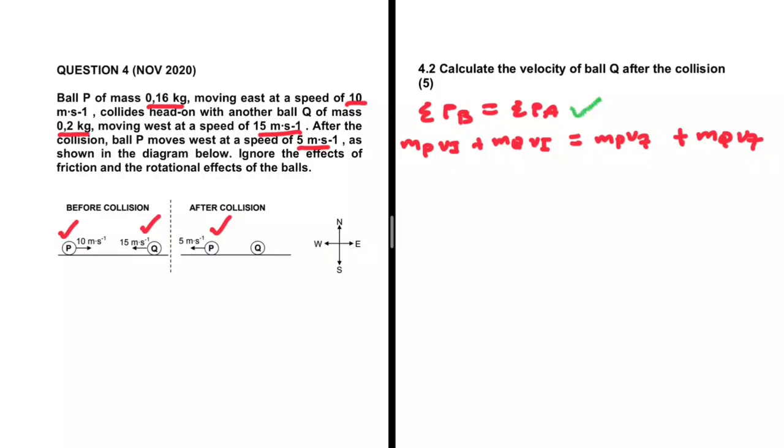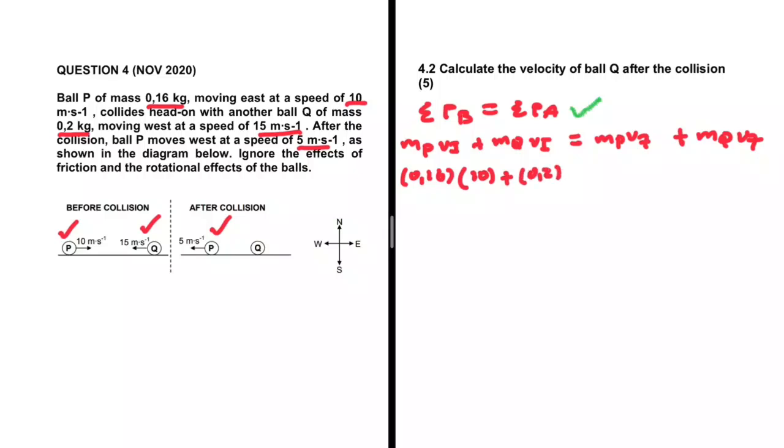So the mass of ball P is said to be 0.16 kilograms. So we're going to have 0.16 kilograms multiplied by the initial velocity, which is 10 meters per second, plus the mass of ball Q. It is 0.2 kgs.